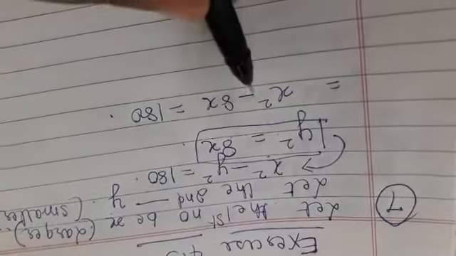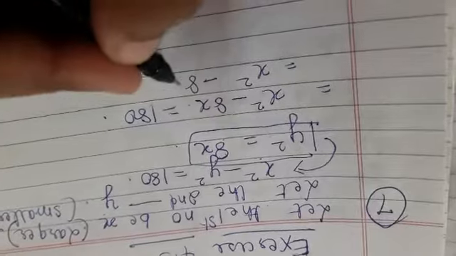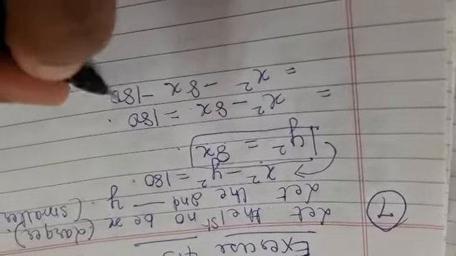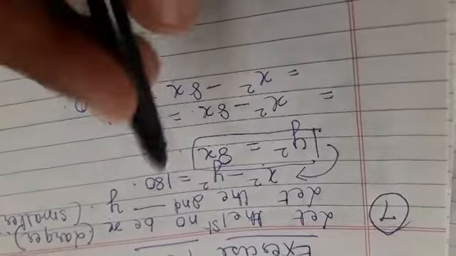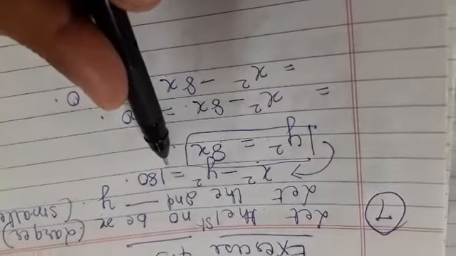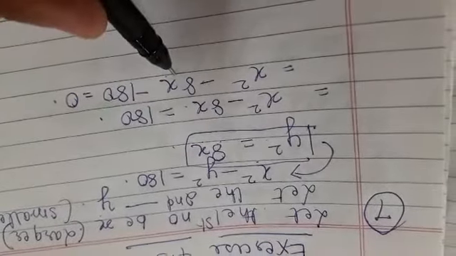Now you have got the quadratic equation in x, and we can write x square minus 8x minus 180 equals to 0. Now to find the answer for x and y, we can either apply the quadratic formula or we can use the splitting the middle term method. So let us do it by the splitting the middle term method.